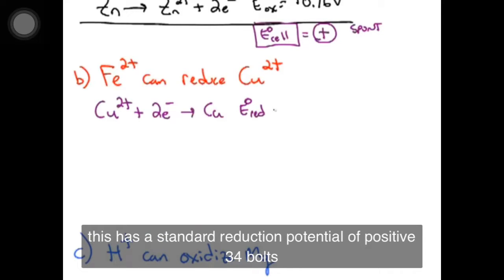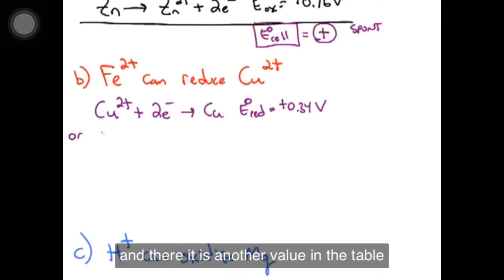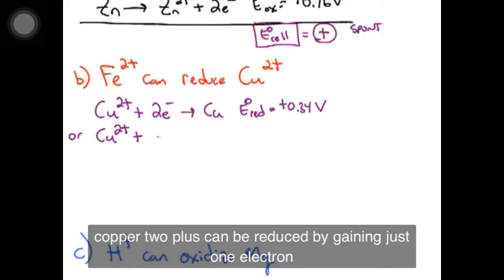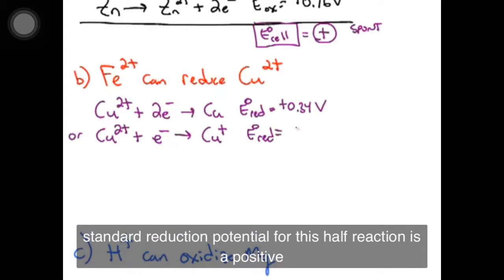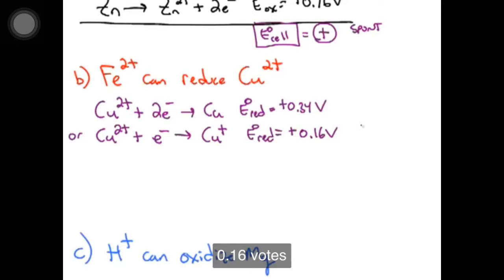This has a standard reduction potential of positive 0.34 volts. And there is another value in the table. Copper 2+ can be reduced by gaining just 1 electron and forming copper 1+. The standard reduction potential for this half reaction is a positive 0.16 volts.